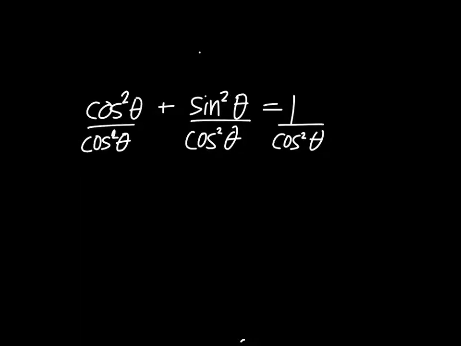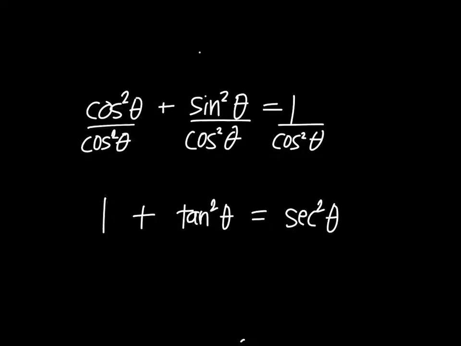Okay, and we are going to have cosine squared divided by cosine squared, which is 1, plus, what about sine squared divided by cosine squared? Tan squared. And then 1 divided by cosine squared is secant squared. And that is also true, and you can rearrange that with addition or subtraction.